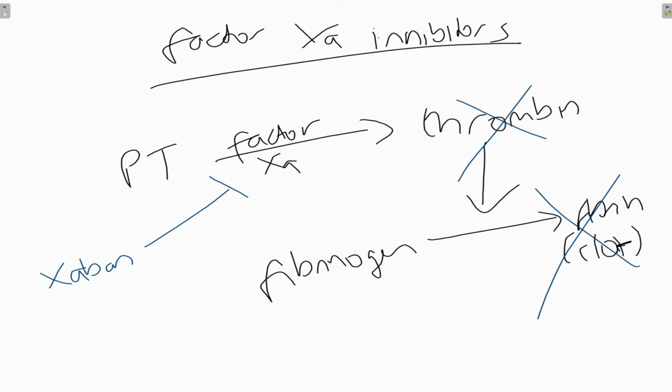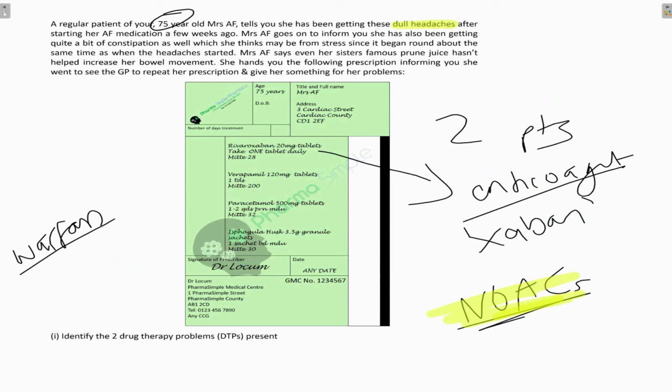Now, obviously, if there's too much inhibition, so you haven't got enough clotting occurring, that can lead to bleeding. And so if you look back at Mrs. AF, there's a rare risk of getting an intracranial hemorrhage, which is bleeding in the brain.